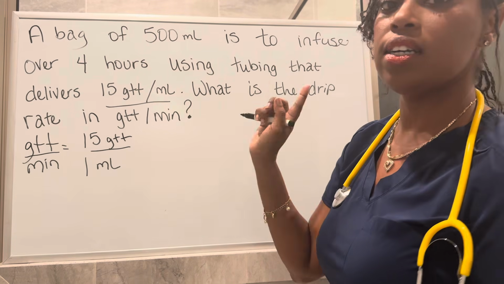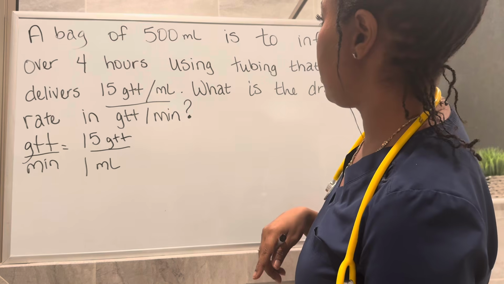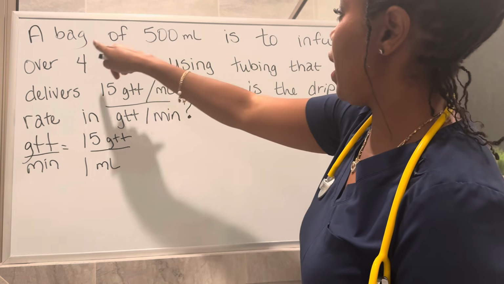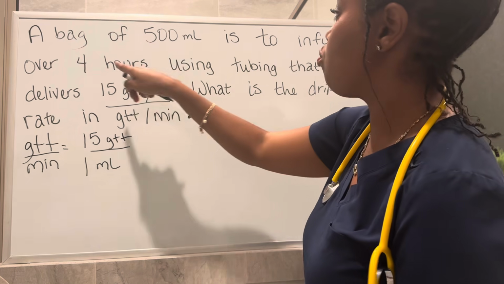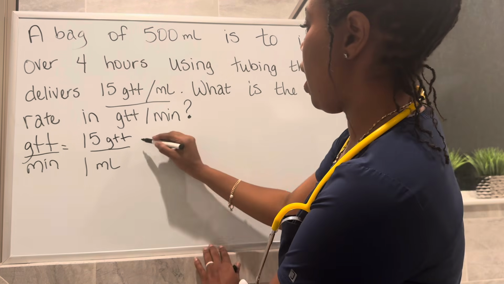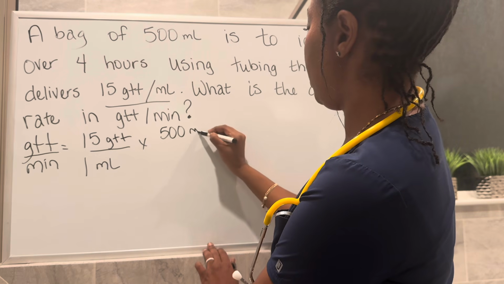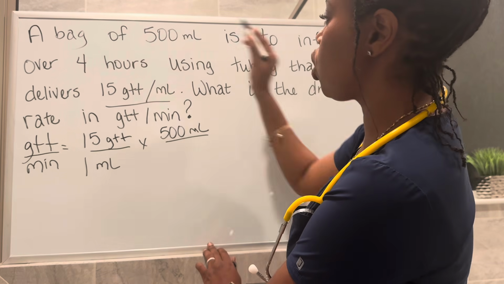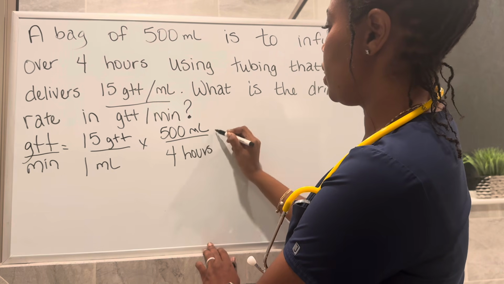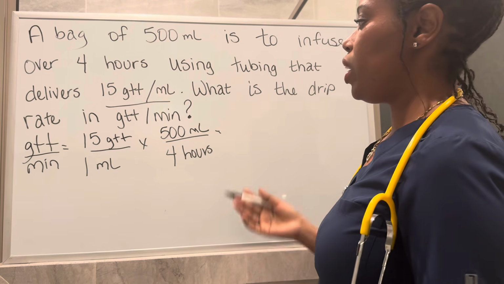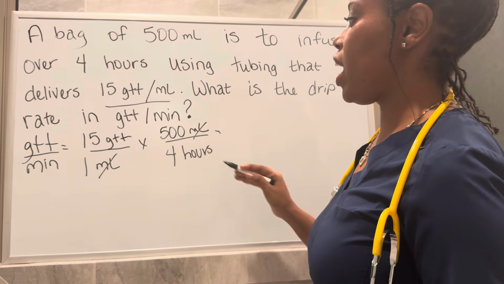Okay, let's continue reading our problem. All right, it says that a bag of 500 ml is to infuse over 4 hours. So I know that 500 mLs is to infuse over 4 hours. So I'll come here and put this. All right, so in doing so, I can cross out milliliters, and I've gotten rid of that.